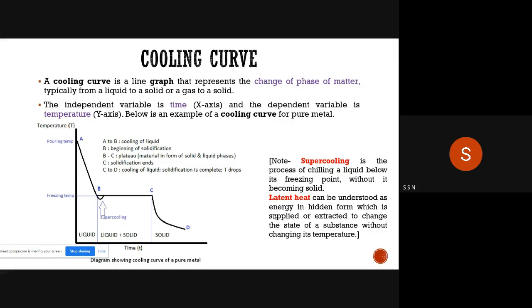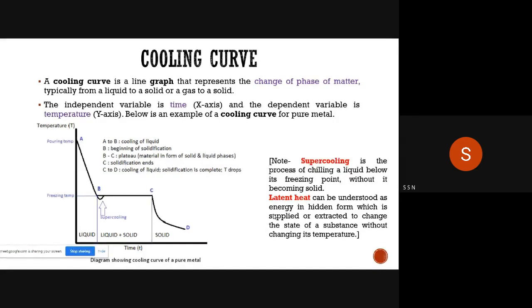And we will draw one graph of temperature versus time. That graph we will call it as a cooling curve. So cooling curve is a line graph that represents the change of phase of matter, typically from the liquid to solid, or in some cases it is gas to solid.